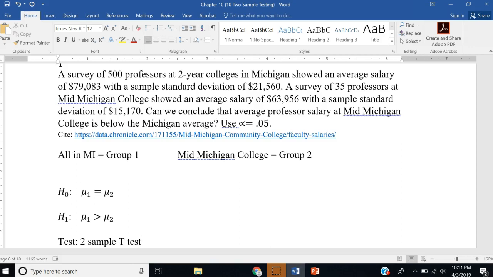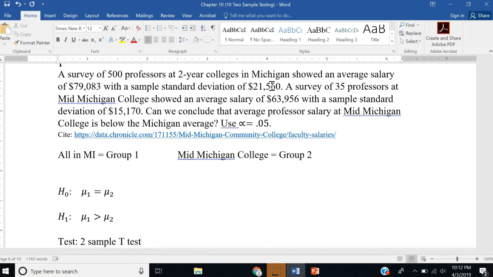The average of group 1, again, group 1 is all in Michigan. So it's average salary of all in Michigan, 79,083. Standard deviation of all in Michigan, 21,560.